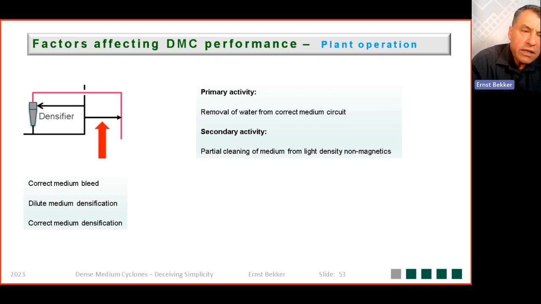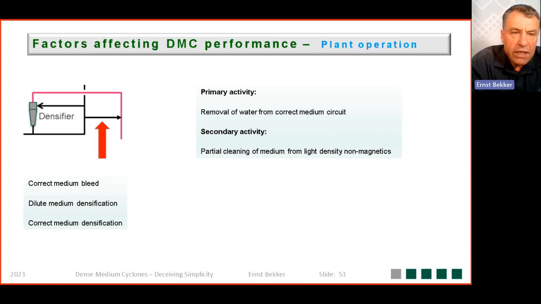However, the first one, the correct medium bleed, shown by the arrow, is not a densification process, or it is a densification process, but you don't use a specific item. You just divert more medium to the dilute circuit, and the magnetic separator will then clean the medium and remove the water.